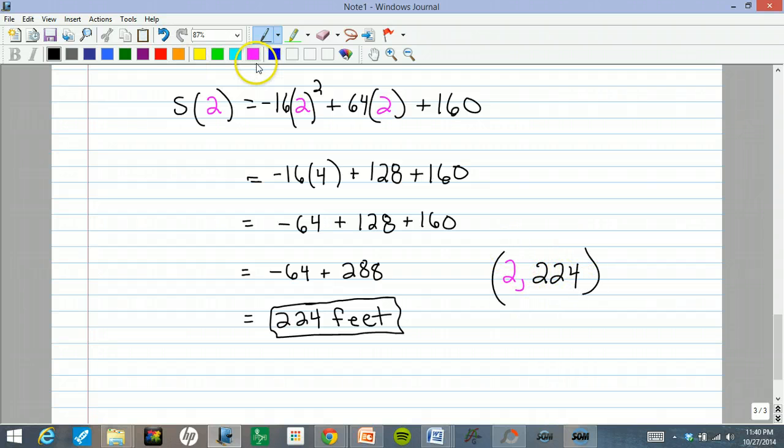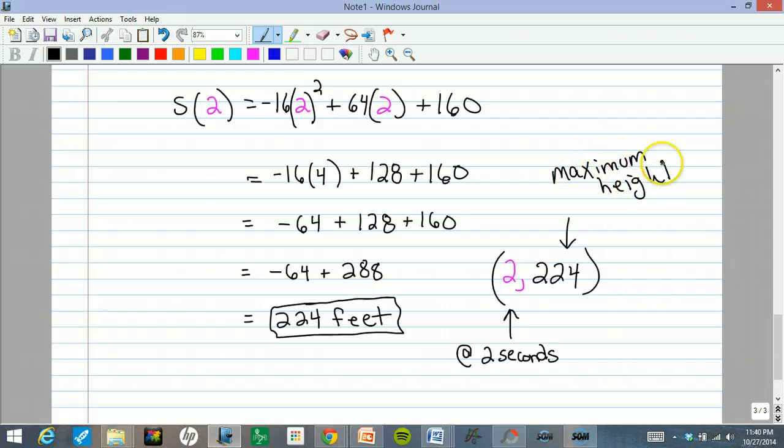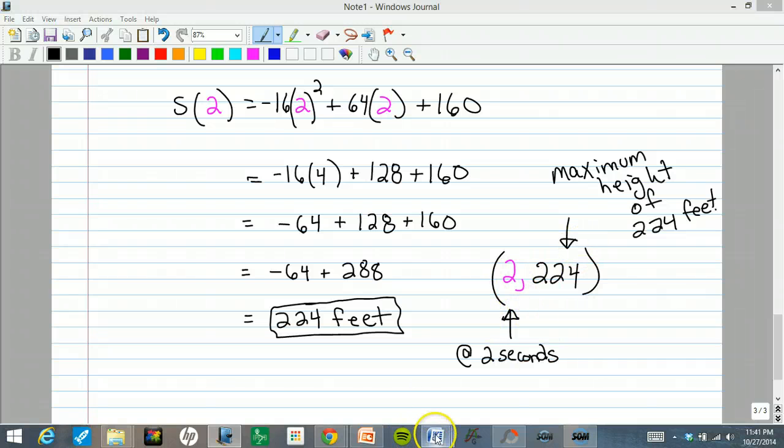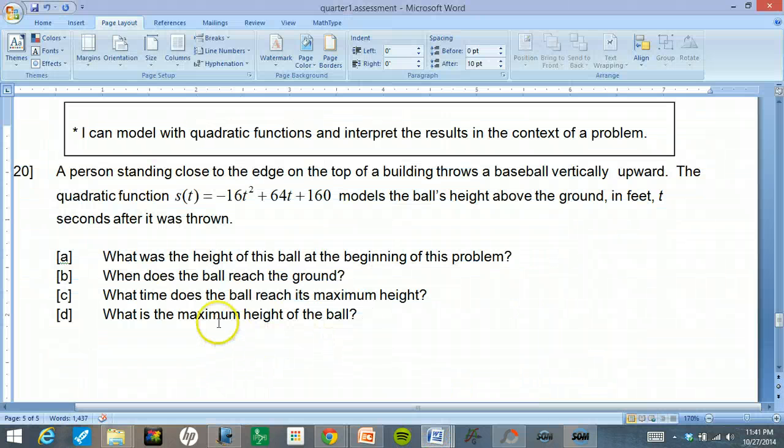At 2 seconds, the ball reaches its maximum height of 224 feet. There we go. Probably should use a complete sentence here, but I'm happy enough with this right now. And that's it. And I think I actually answered the last question as well.